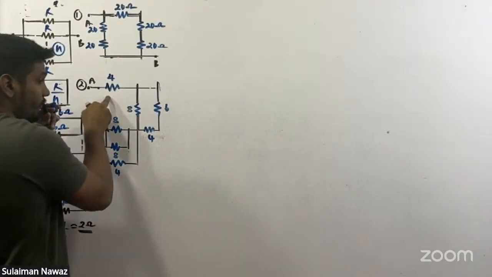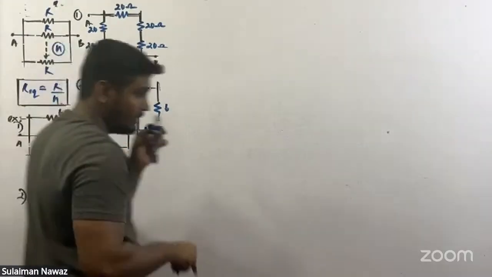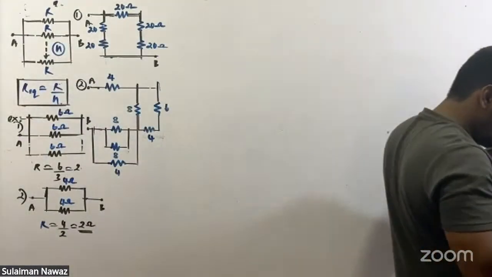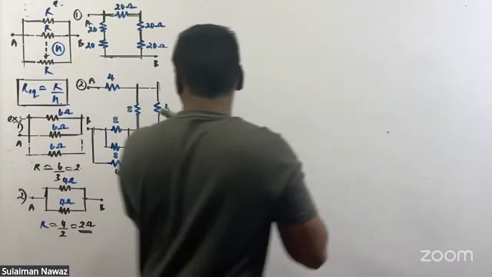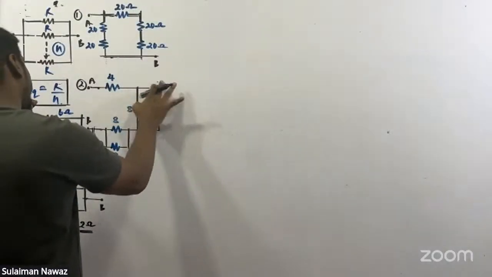Terminal B, A, 4, 8, 6. Sorry, here there is another one. Yeah, 6, 4. Okay, correct.